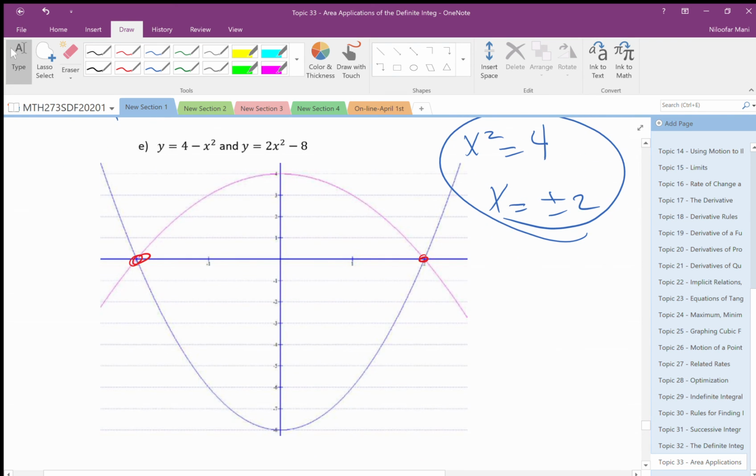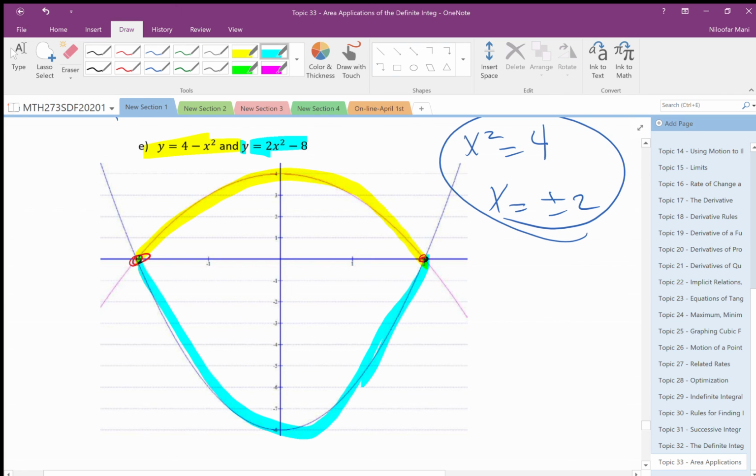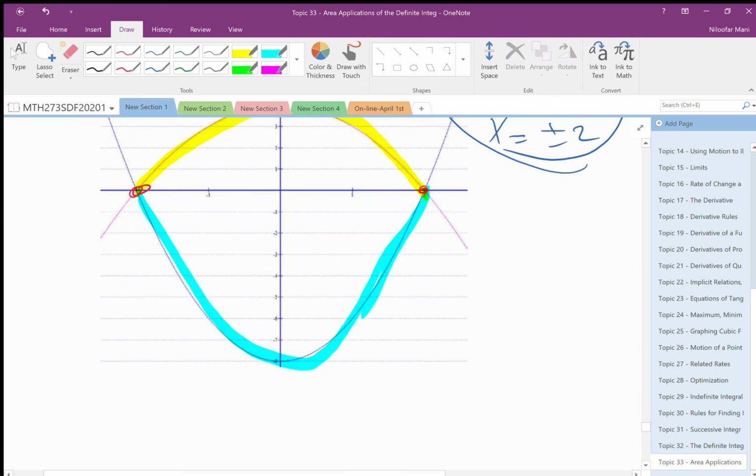Okay, so the answer is this. And then which one minus which one? This one is here, and this one is here. How do I know? Because I look at the y-intercept. One of them has y-intercept minus 8, and one of them has y-intercept 4. Okay, so the answer is from minus 2 to 2.